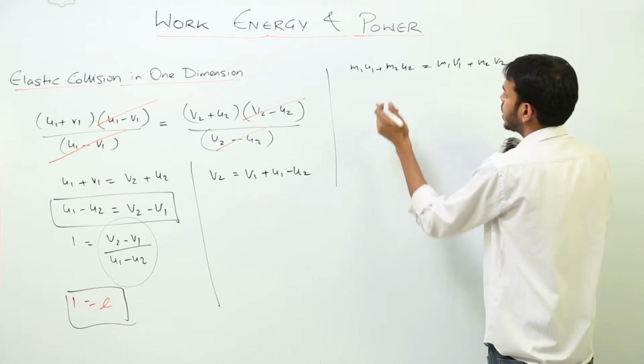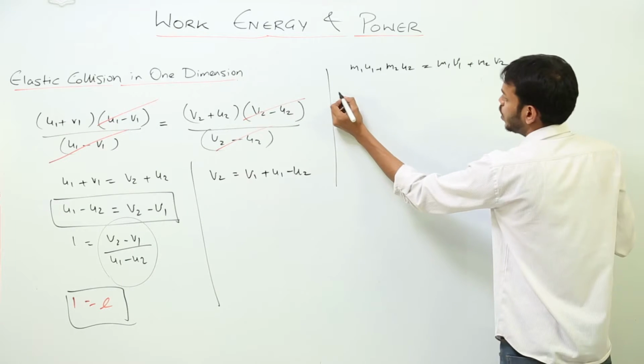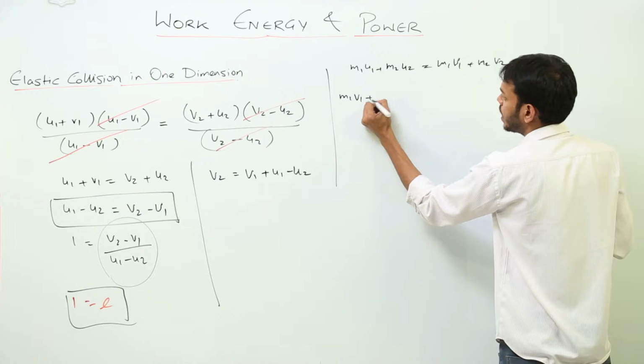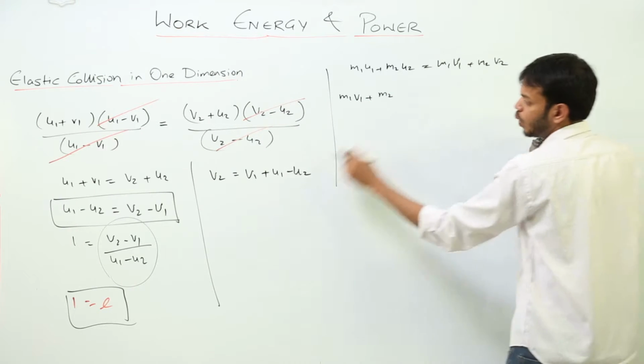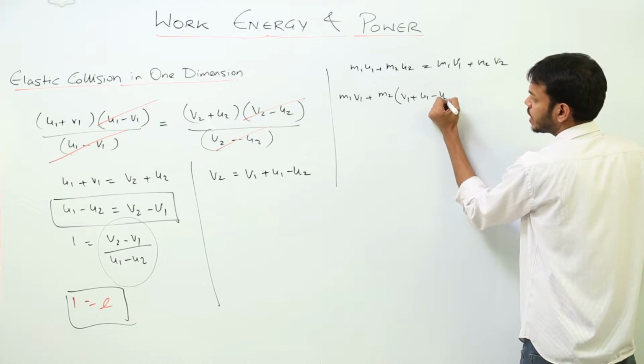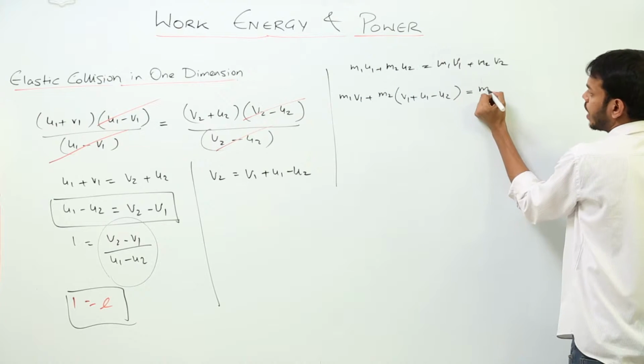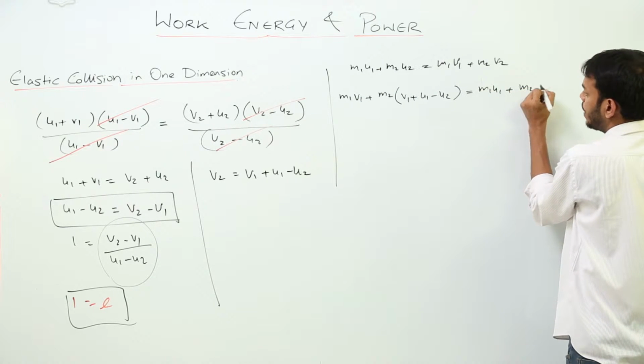I'm writing this equation first on the LHS: m1 v1 plus m2, instead of v2 I have this whole term, which is (v1 plus u1 minus u2). This is equal to this side, m1 u1 plus m2 u2.